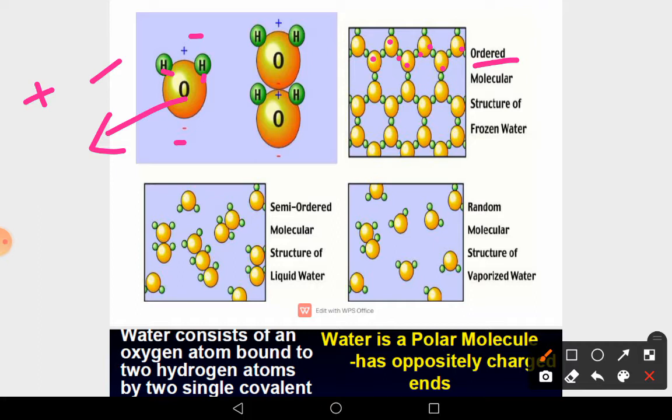In case of vapor, the molecules of water are random. This is one molecule of H2O, this is another molecule of H2O, and in case of liquid, they are semi-ordered. They may be arranged in ones, twos or threes or something like that. The most ordered structure of water we see in ice.